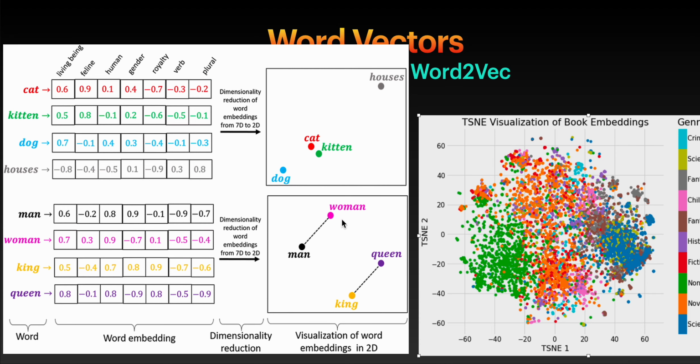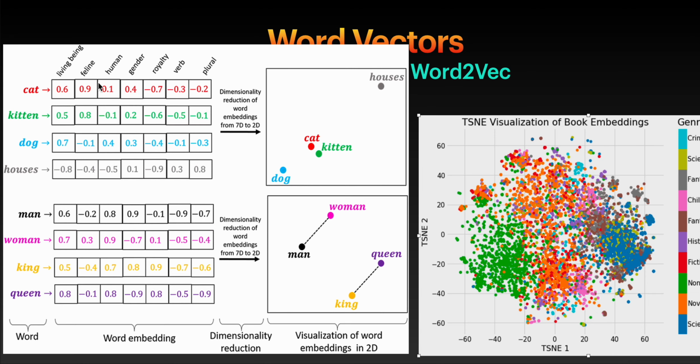Whenever you see man and woman, man is going to be a vector. You take all the words from your training data and convert those words into word2vec form. Whatever sentence you use, you convert it into words, and then finally every word into a vector form. Clear? This is the man vector. The man vector has features such as living being, human, gender, royalty, verb, plural, and so on.